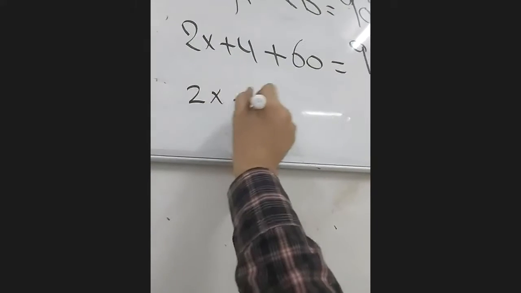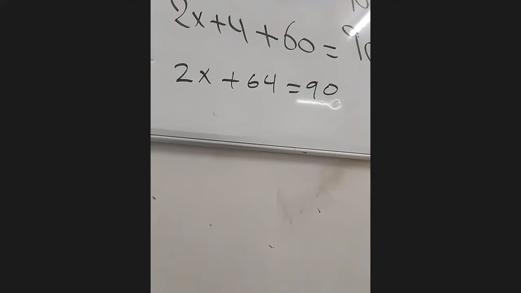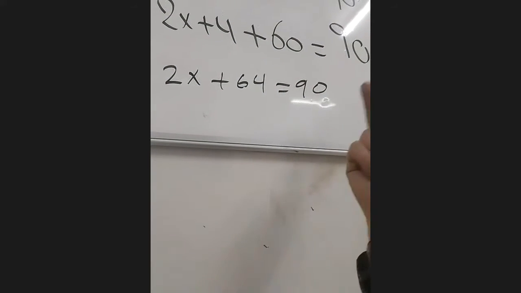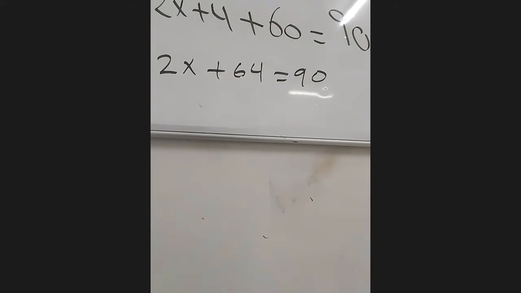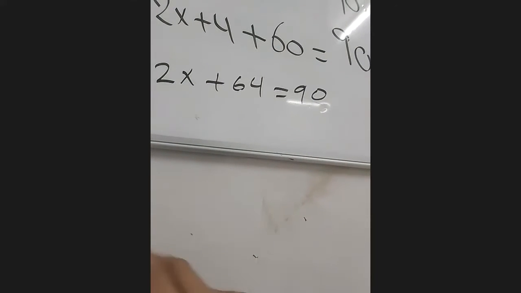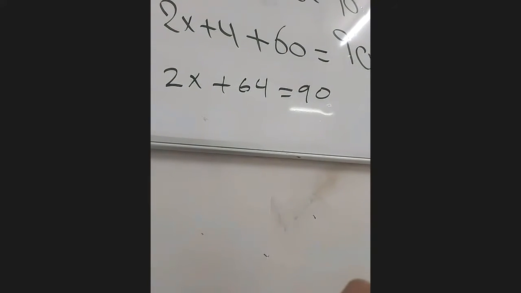2x plus 64. Is this difficult? No. Just put this 64 here. You should know by now how we solve 2-step equations, which is a disaster if you don't know that. I'm not talking only with you, I'm talking in general.